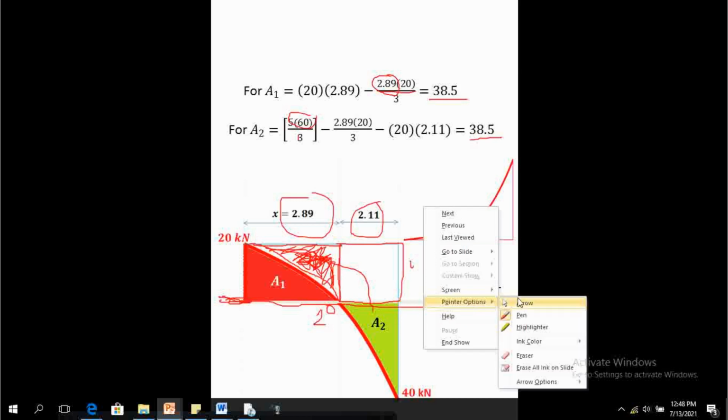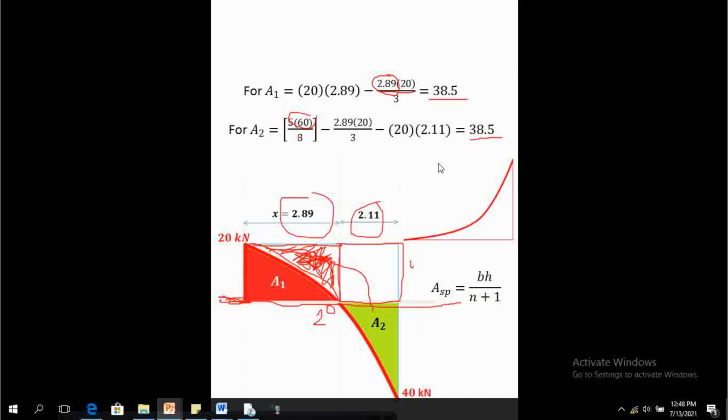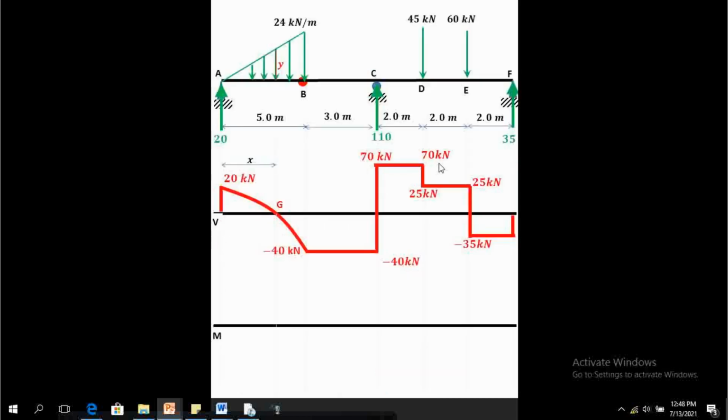So, after na nakuha ko yung value ni area 1 at saka ni area 2, pwede ko nang ma-drawing yung moment diagram ko. Again, take note kanina, yung x ko dito is 2.89. Yung area dito is 3.85. Yung area dito ulit is 3.85. So, if I'm going to draw now, yung shear ko from point A to point G, that is the area, itong area 1, that is 38.5.